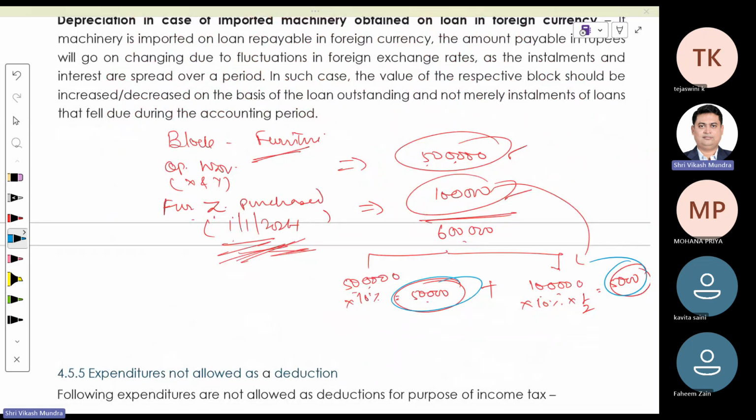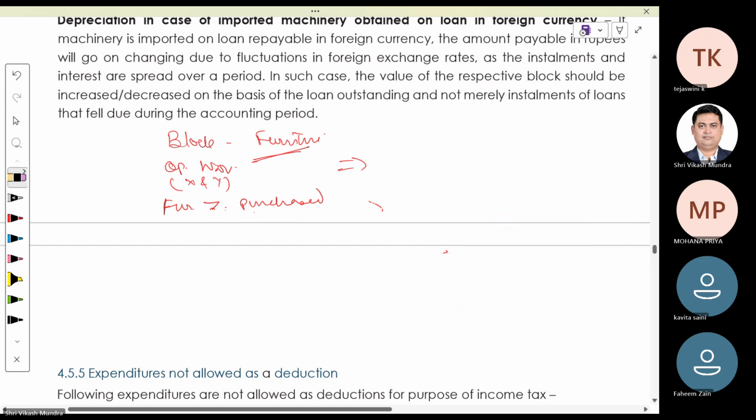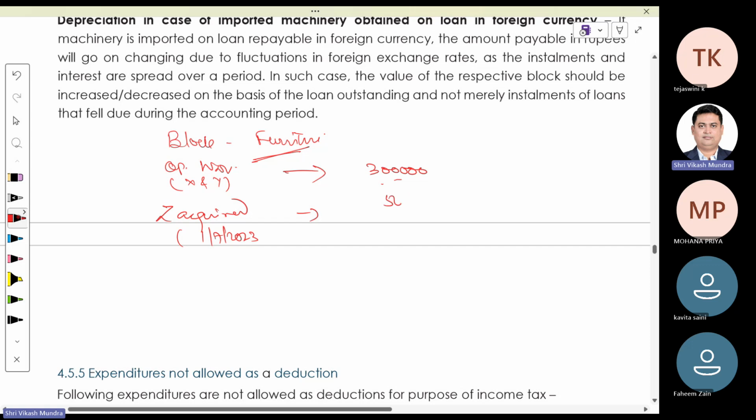Any doubt, any question, any query? Now, one more question. Opening written down value of block XYZ is 3 lakh. During the year, Z was acquired on say 1st July 2023 for rupees 50,000.